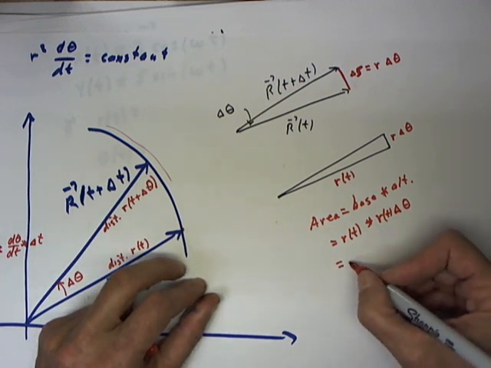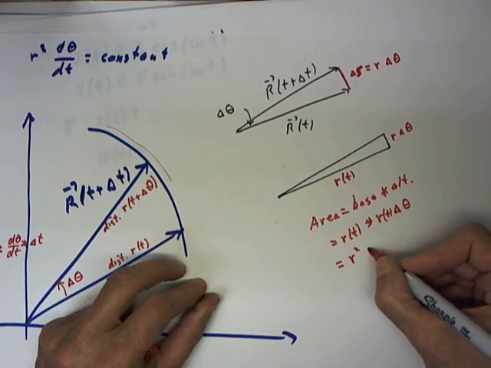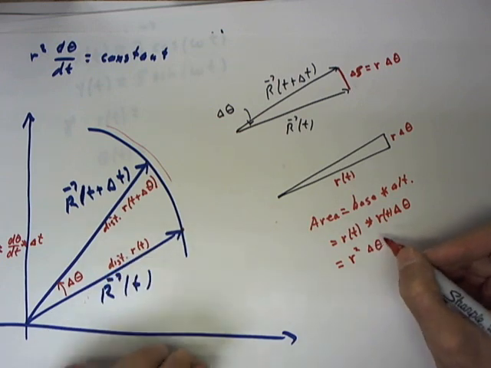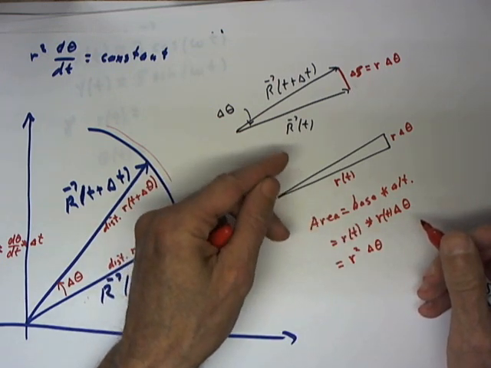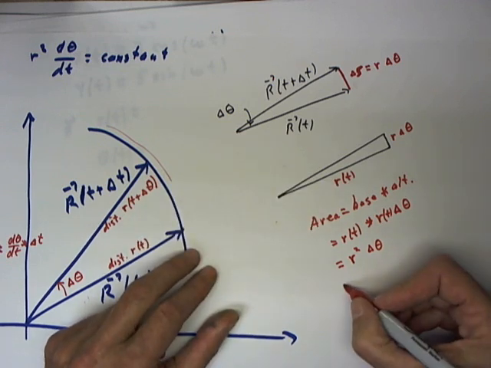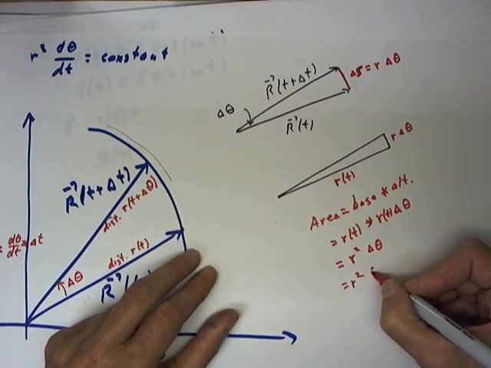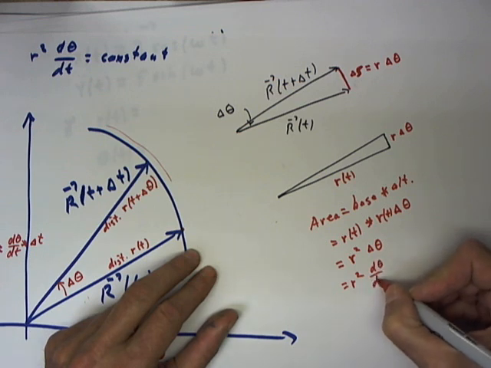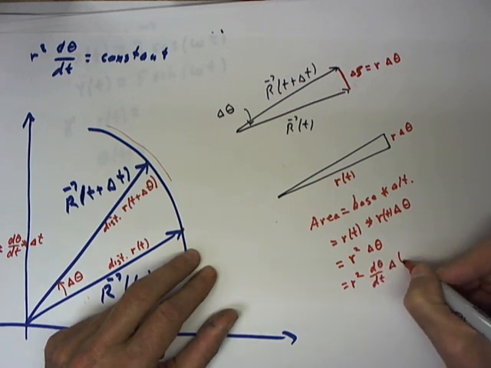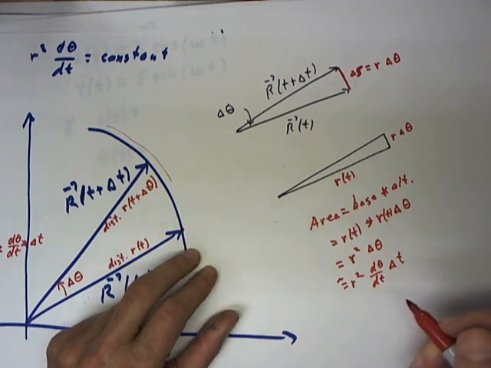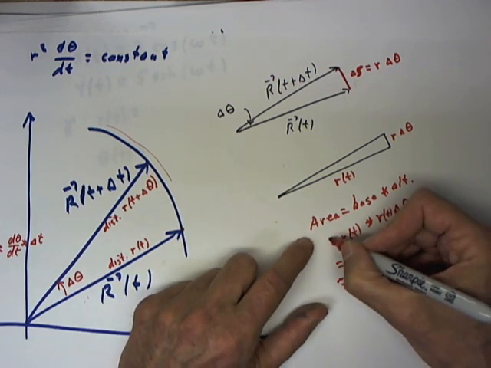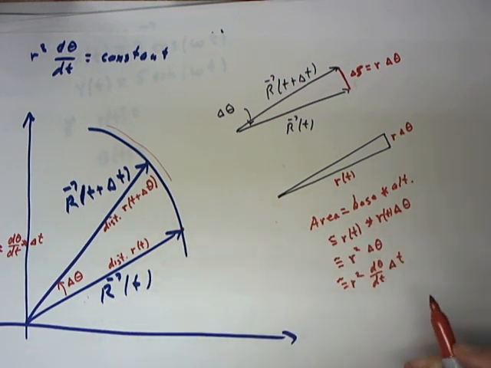Suppressing the t notation, this gives us r squared delta theta. Of course, delta theta is the change in our angular coordinate, and delta theta is nothing but dθ/dt times delta t. Now this is an approximation.